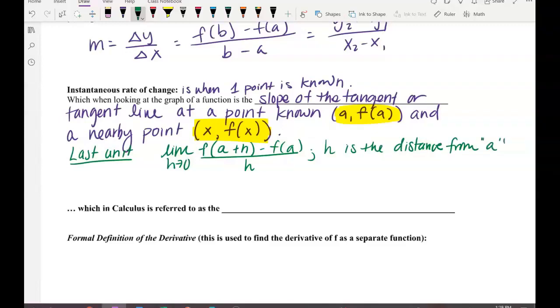Now, this unit, we are going to add a similar formula. So, new formula.